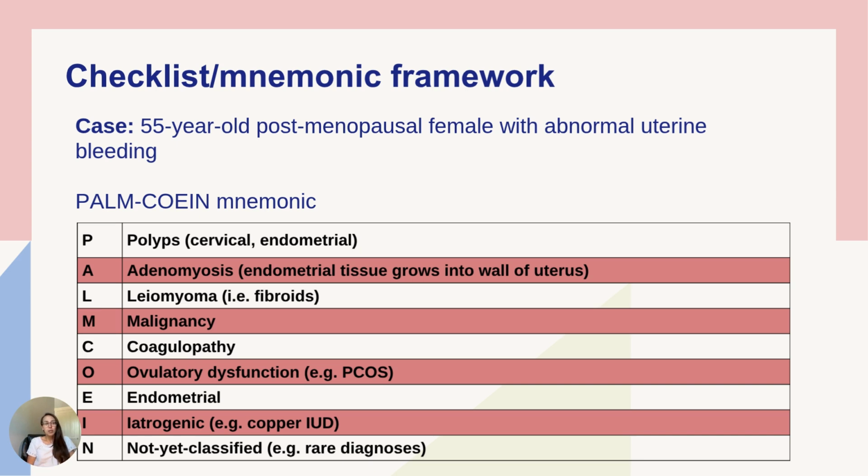So in this case, you're seeing an older female, postmenopausal, with abnormal uterine bleeding. So we think of the PALM-COEIN, right? And as you can see, it's spelling out PALM-COEIN and the associated possibilities or etiologies of that abnormal uterine bleeding. And it's essentially breaking it down into structural things that could be causing it: polyps, adenomyosis, leiomyoma, which are fibroids, malignancy, and then non-structural causes like coagulopathy, etc.